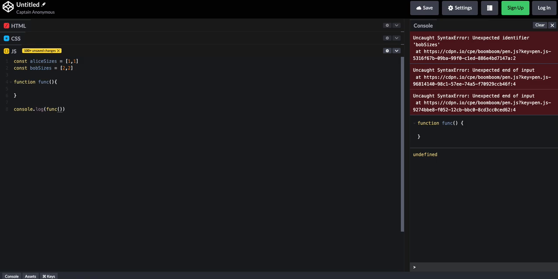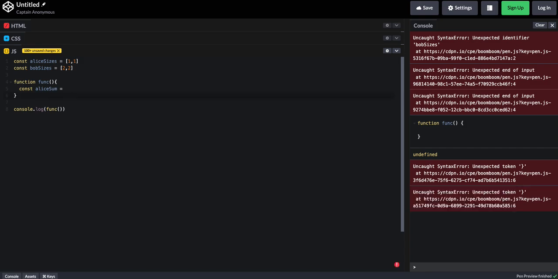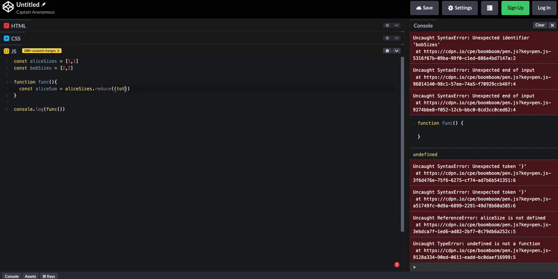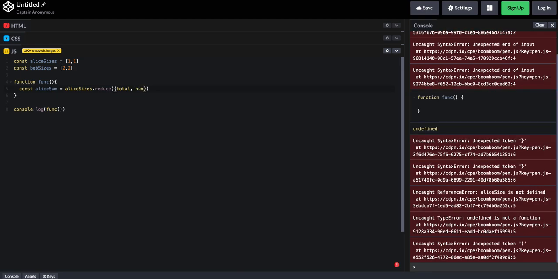Okay, first thing we need to do is calculate the total sum of both of these. And the easiest way we can do that is use a reduce method. So I'm going to create a variable called Alice sum. I'm going to set that to Alice sizes dot reduce. So reduce always takes 2 parameters, sometimes more.